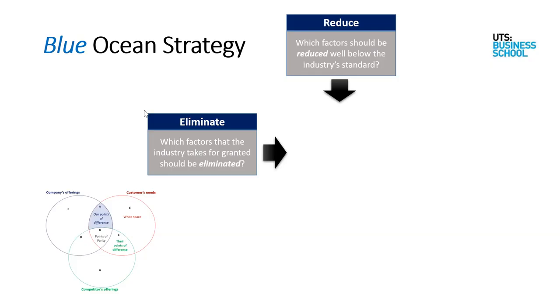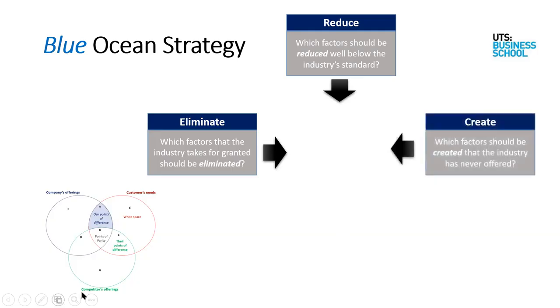The other step is to reduce. What factors can be reduced well below the industry standard? What are the attributes that you can emphasize less as compared to the competitors? The whole idea is to get the consumers to perceive your brand as being very different. Then what can you create? What is something new about the attributes in your product that you can create, which the industry has never offered before?